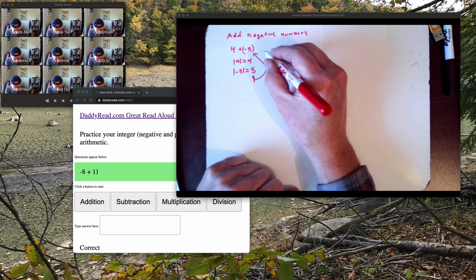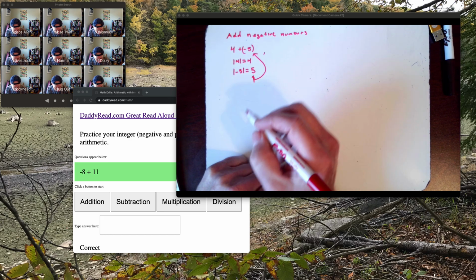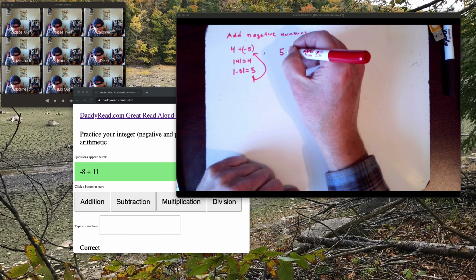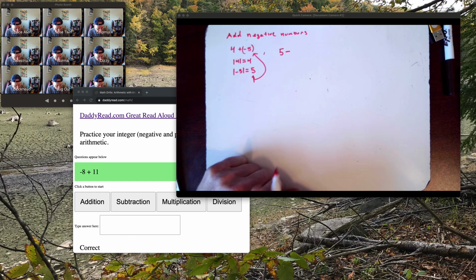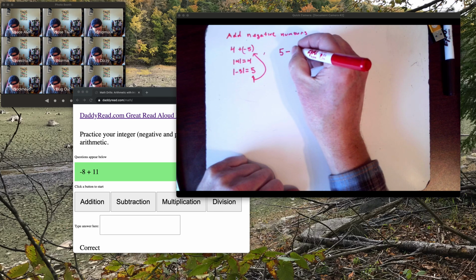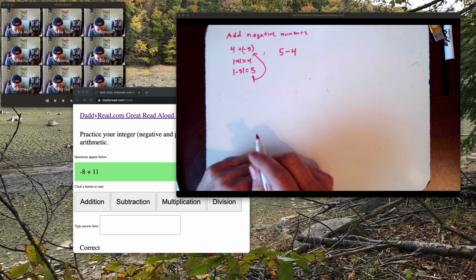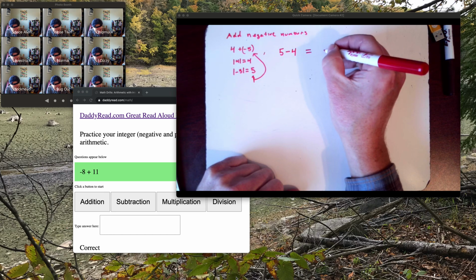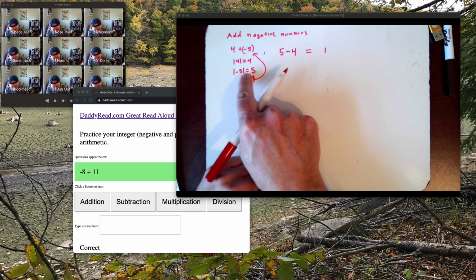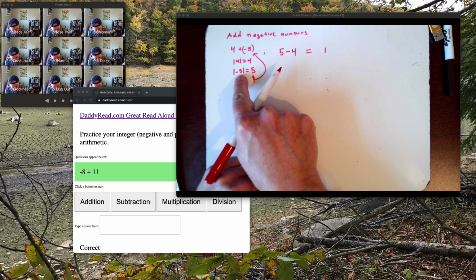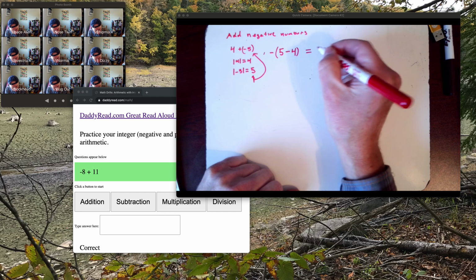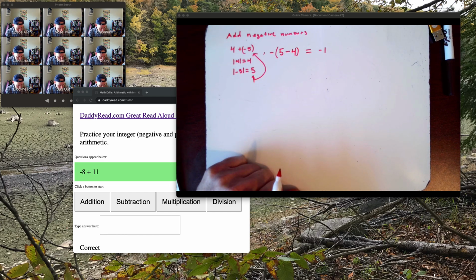So to compute the answer, we take the number with the bigger magnitude, its absolute value, which is 5, subtract the number with the smaller magnitude, 4, and that gives us 1. However, since the number with the bigger magnitude was negative, our answer must be negative. So we're putting a negative sign in our final answer.